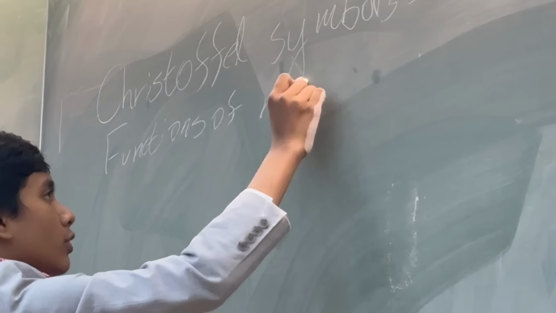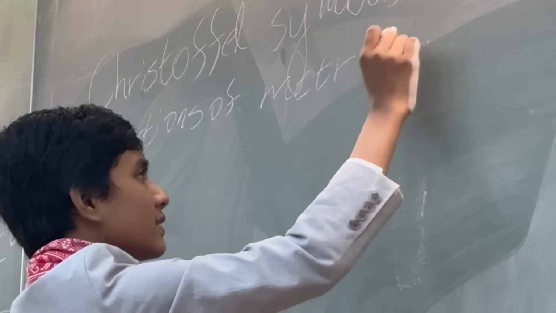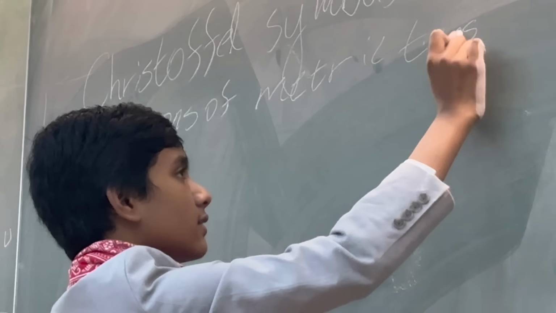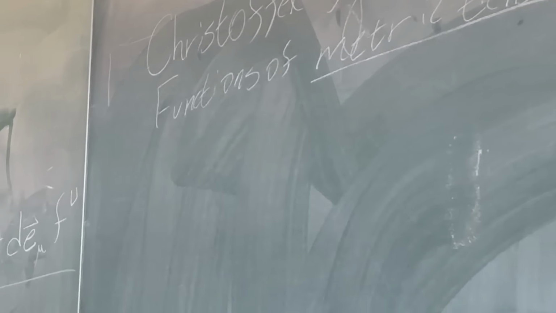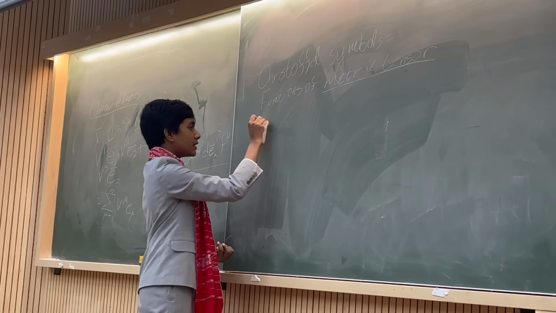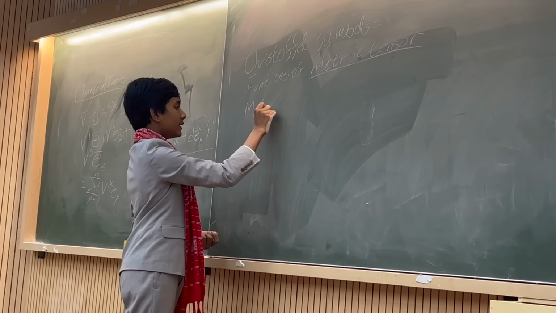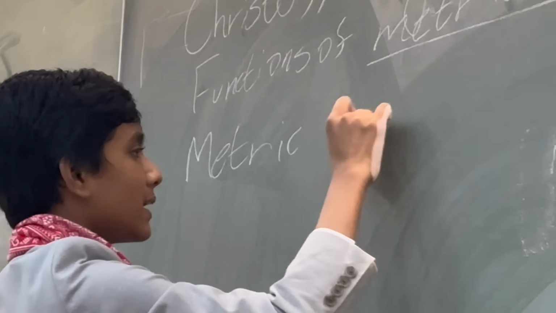But then we're probably going to say that doesn't mean anything. What is the metric tensor? We've never defined that. Well, that's a great question. The metric tensor in itself is an interesting concept.